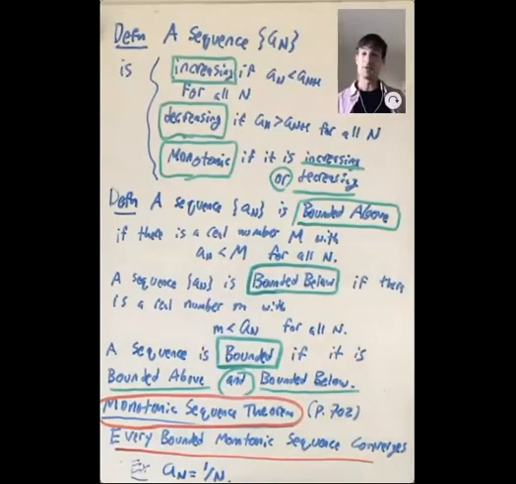And this sequence is decreasing. As you go from a_n to a_{n+1}, the numerator stays the same and the denominator gets larger. So the sequence is decreasing. That means that it's monotonic and bounded, so it converges. We already knew that this converged. So here, the monotonic sequence theorem doesn't help all that much.